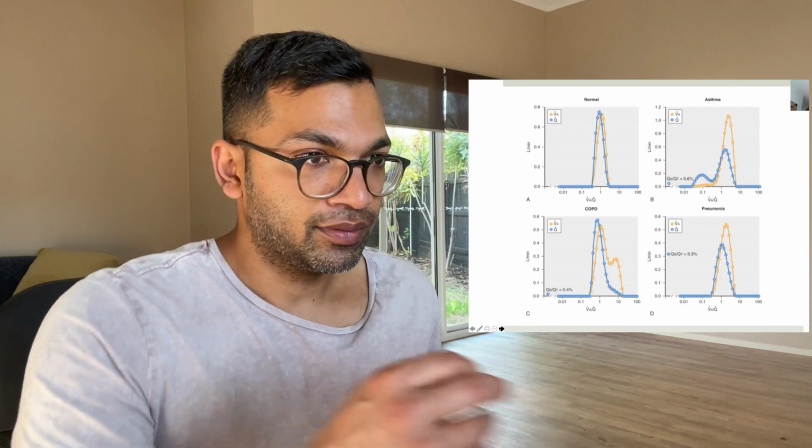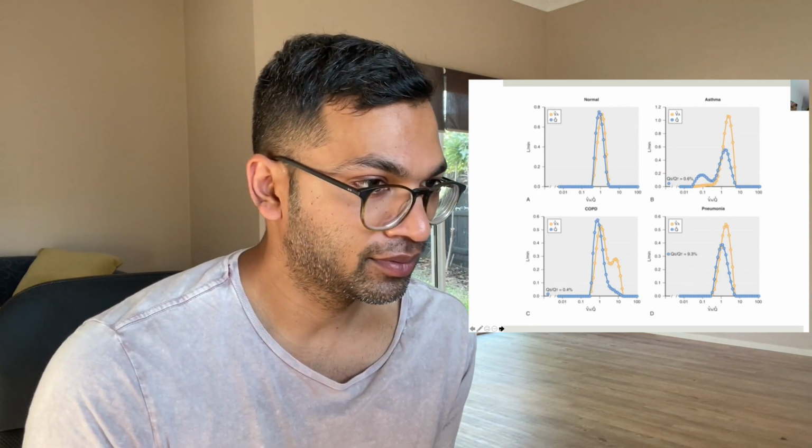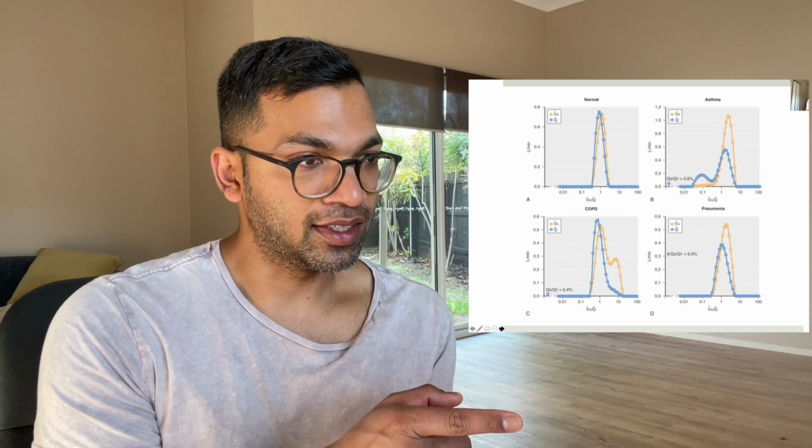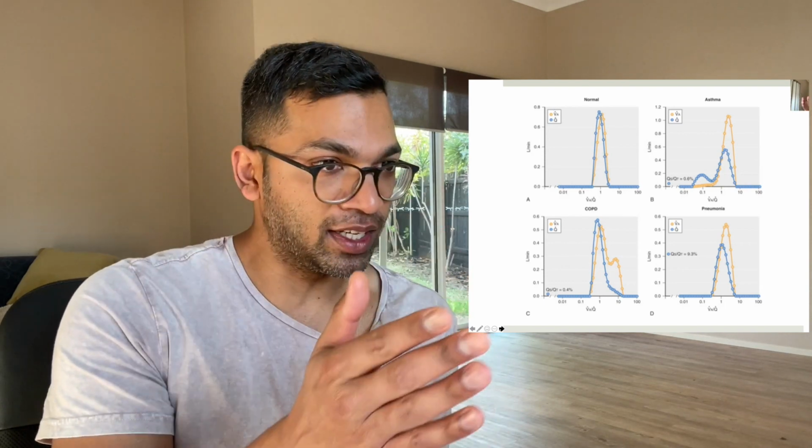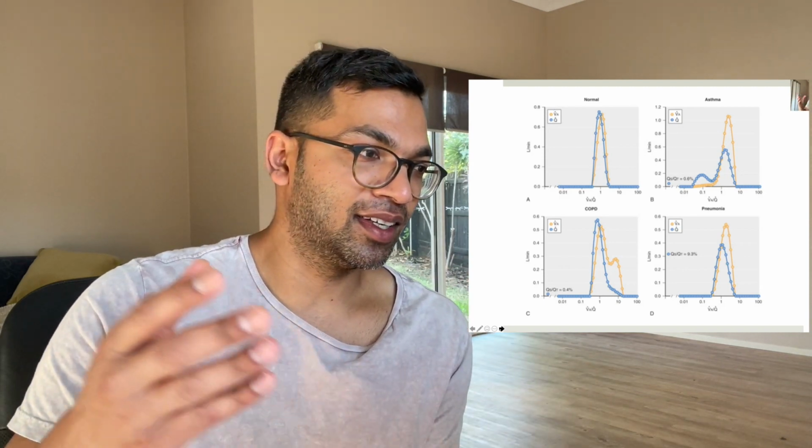Can I just ask, for the COPD graph here, I always imagined that it might actually look a bit like a combination of that and the asthma graph, given that you have areas of effectively bronchoconstriction, but then other areas of alveolar destruction from the emphysema side of the picture. Yeah, and with these graphs, I don't know that this is typical. Obviously, COPD is a spectrum of pathologies from the bronchitis type picture to the emphysematous type picture.